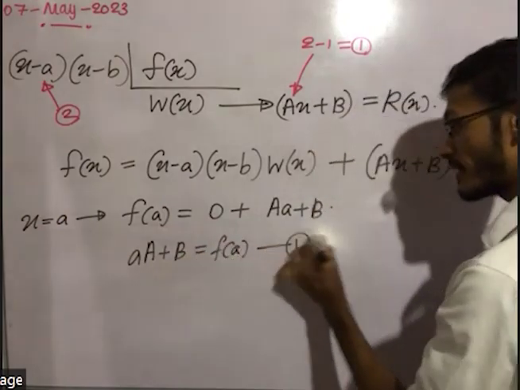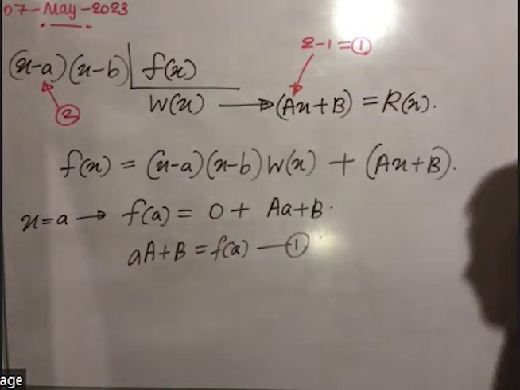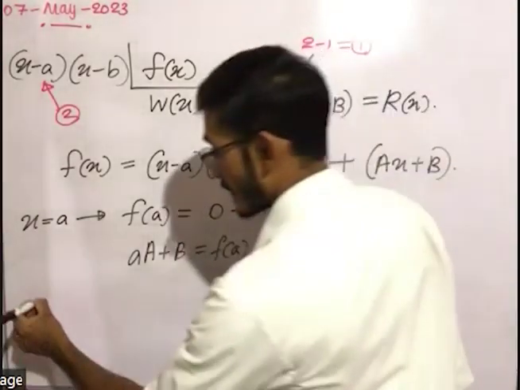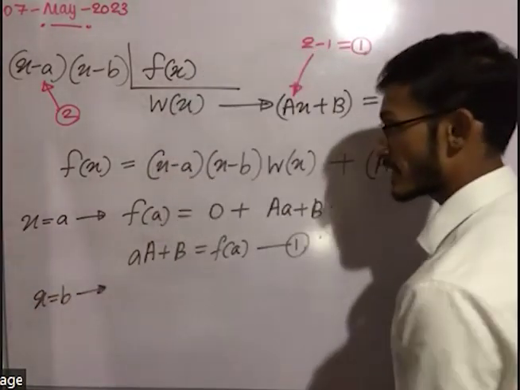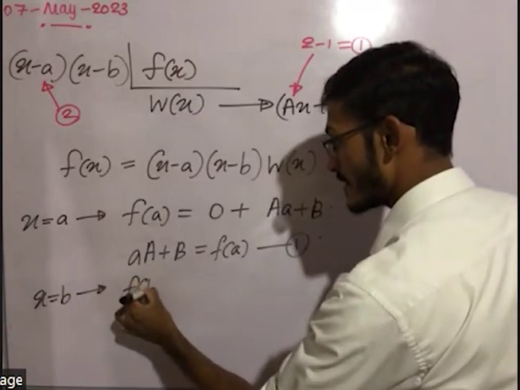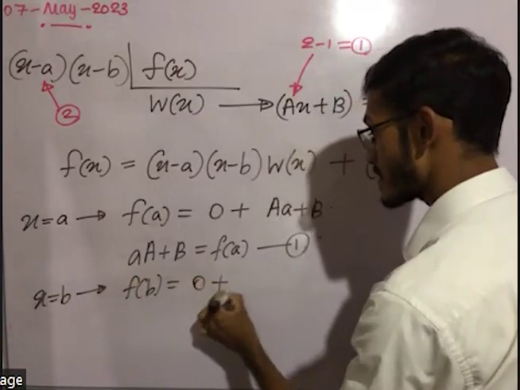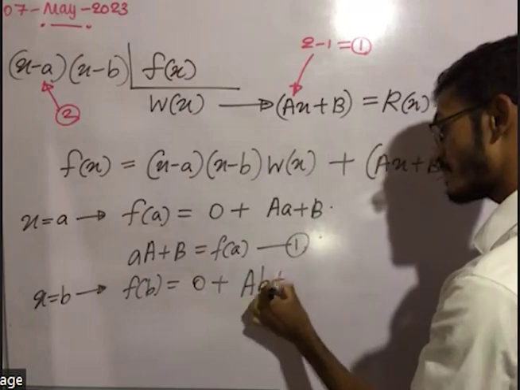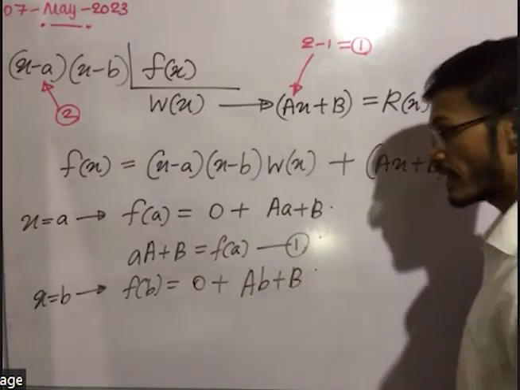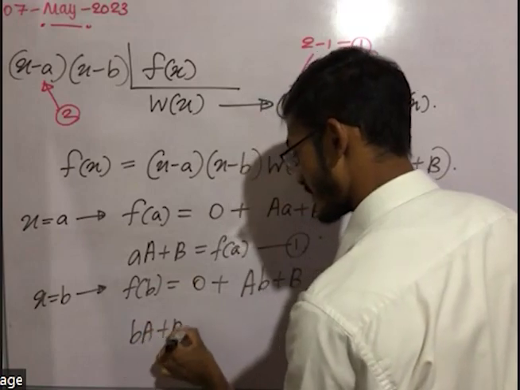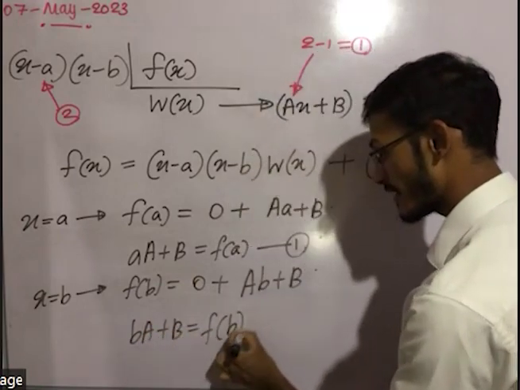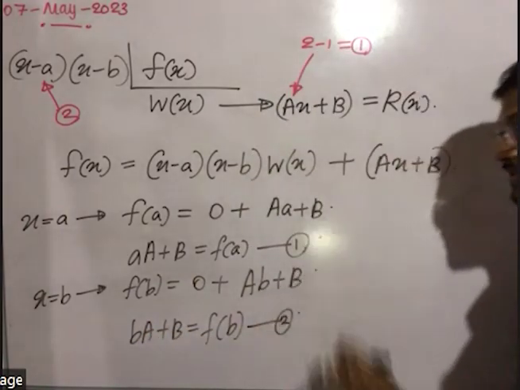This is number 1. And also when x equal to small b, f(b) equal to 0 plus small b into capital A plus B. Now b into A plus B is equal to f(b). So this is number 2.